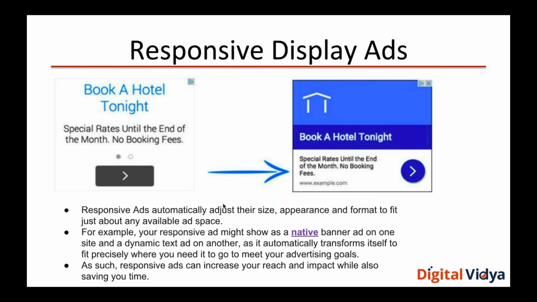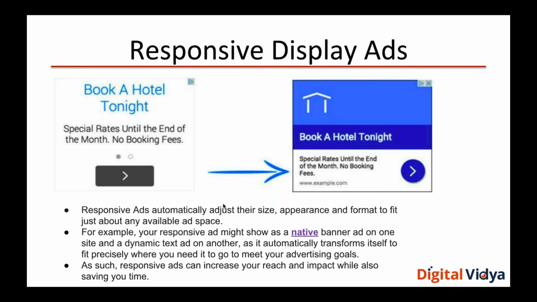The concept of a responsive display ad is that it is a type of ad which will have an image, your business logo, and text, like a text ad, with a description line and everything. Depending upon whether the ad space on the website or app allows for an image, it will show up as an image ad.